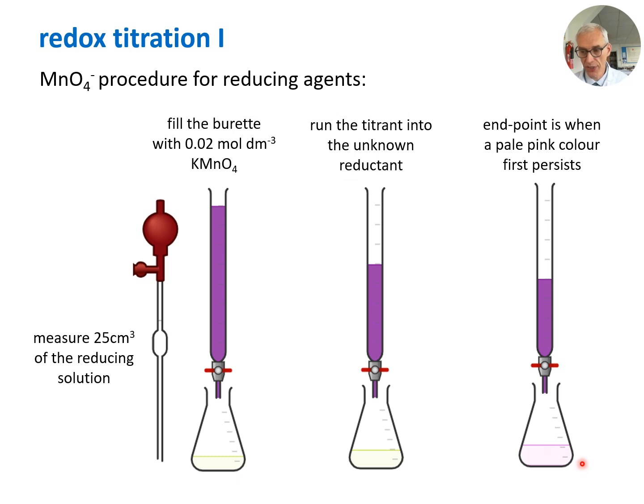Because of the persistence of the color, there is no need for an indicator. When first adding manganate 7, it loses its color. At the point of reacting quantities, there is a persistence of a pale pink, so no indicator is required.